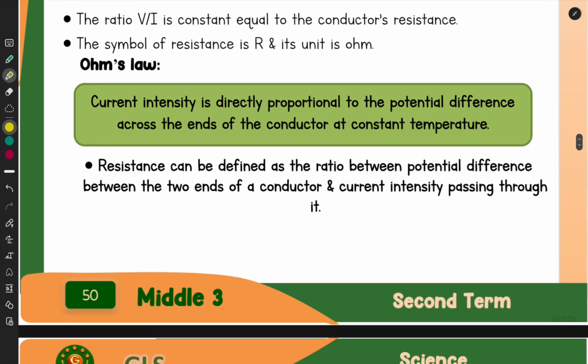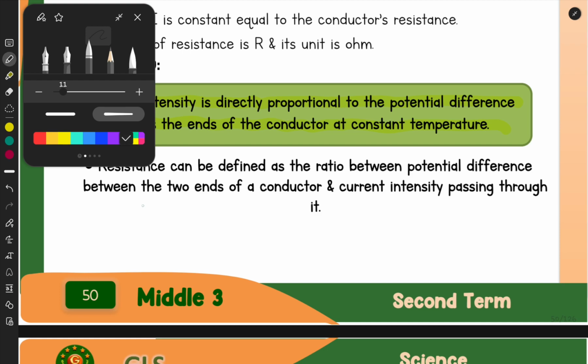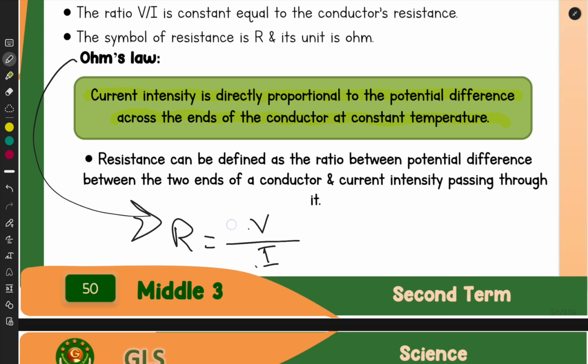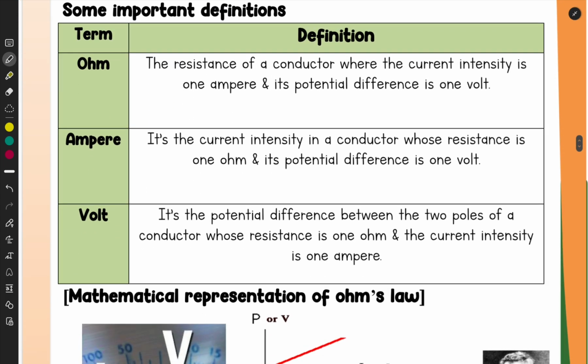Ohm's law says that the current intensity is directly proportional to the potential difference across the ends of the conductor at a constant temperature. So if you want to measure the resistance R, R equals the potential difference V over the current intensity I. Again, this is Ohm's law.